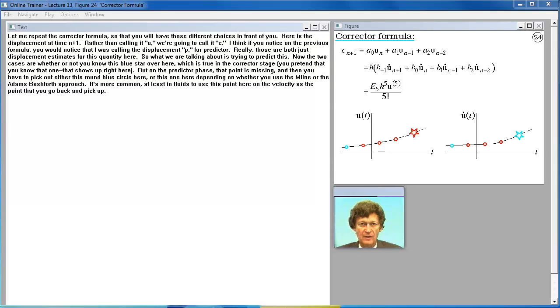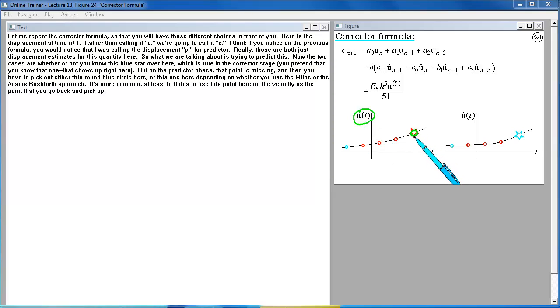Let me repeat the corrector formula so that you'll have those different choices in front of you. Here's the displacement at time n plus 1, and rather than calling it u, we're going to call it c. And if you noticed on the previous formula, I was calling the displacement p for predictor. Really, those are both displacement estimates for this quantity here. And what we're talking about is trying to predict this.